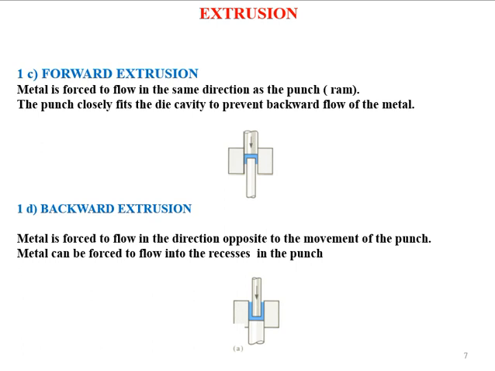Now here, in the case of forward extrusion, this is nothing but the die, and this is the punch. Here we place a small part which is known as the mandrel. Fine.